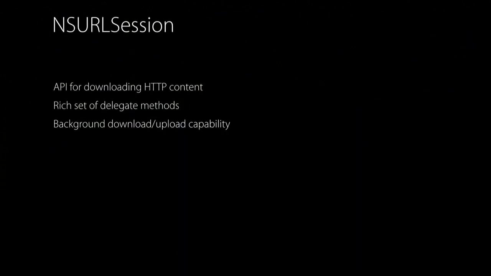Now, to begin, I'd like to start with a little bit of background on NSURLSession and the HTTP protocol. NSURLSession is a networking API that's mainly used to download HTTP content from the web. It has a rich set of delegate methods that can be used for authentication and other important event handling.